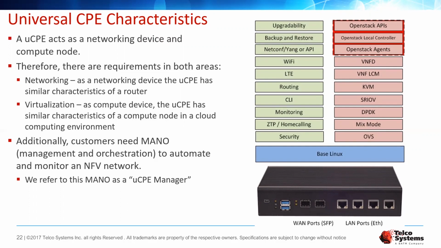And then it's a virtualization device. It has to boot and connect to the network before it can be the host of virtualized network functions. So it has a lot of the characteristics, physical and software-wise, of any router or switch. And then it has all the characteristics of a compute node that you see in a cloud computing environment.